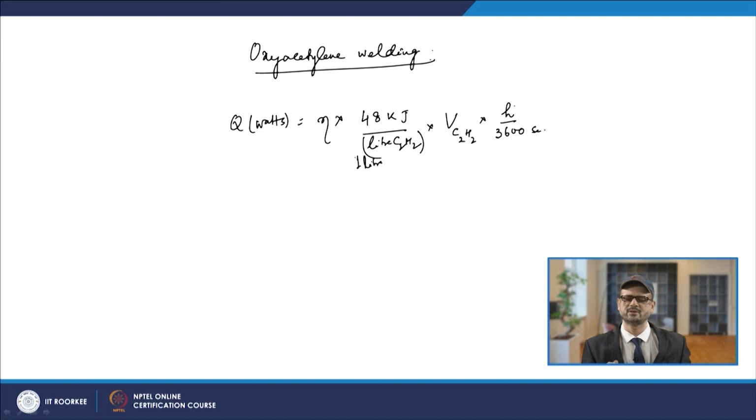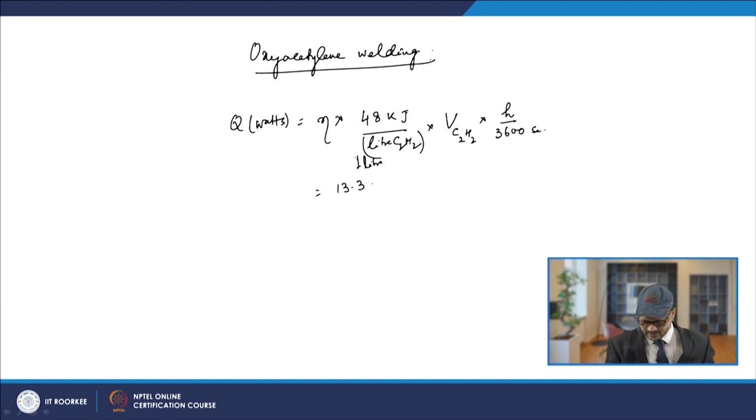So if you are measuring per second, you divide by 3600. It comes as 48,000 divided by 3600, so it will be 480 by 36, something like 40 by 3, which is 13.3.